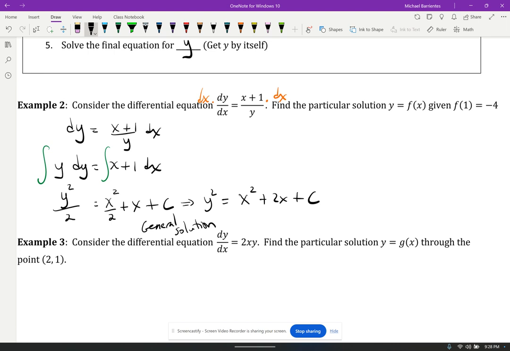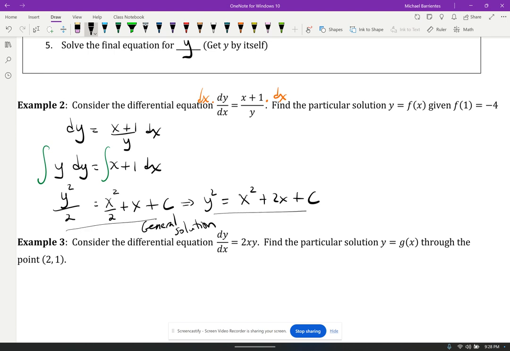And again, you might say, well, wait, if you multiply this by 2, you're going to get y squared. If you multiply this by 2, the 2's cancel. Then multiply this by 2, you get 2x. Multiply this by 2, shouldn't you get 2c? Well, I do, but if you double a constant, it's just going to be another constant. So I'm just going to label it c. So whether you write it like this or write it like this, that is the general solution.